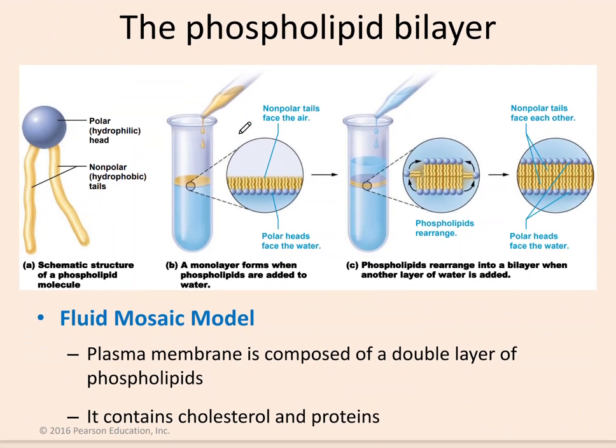You can see here that the bilayer looks like this. Because these heads are hydrophilic and the tails are hydrophobic, they're always going to situate themselves with the heads facing watery areas and the tails facing away from the watery areas.